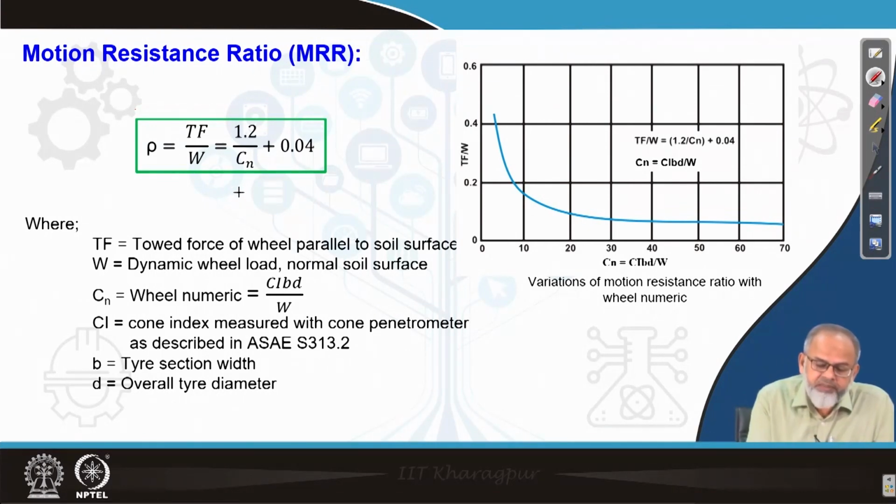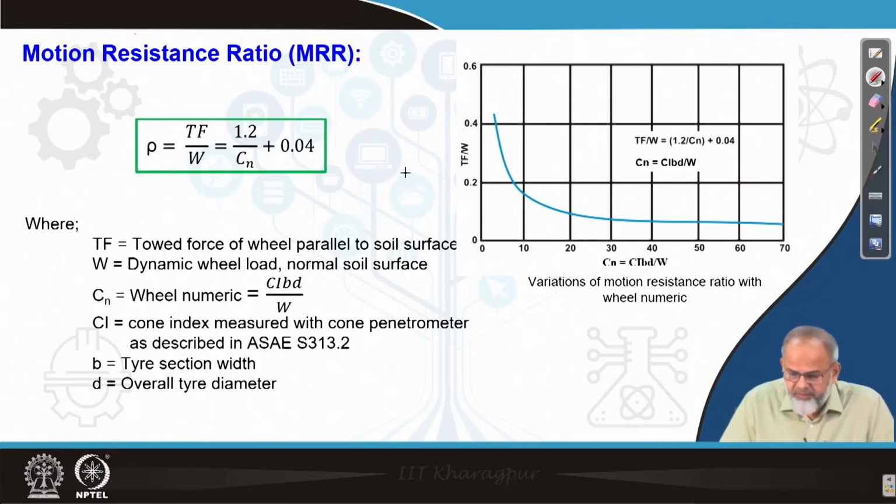For both cases it will give you the same value of rolling resistance, which is very difficult to accept. Why? Because when there is a slip, a certain amount of sinkage will be there, so that part is not reflected. We will discuss in detail what the other difficulties are. Let us now move to the other equations which have been developed.